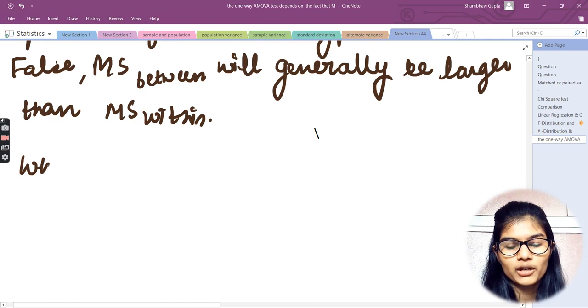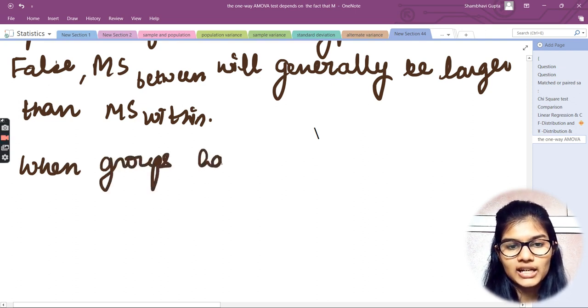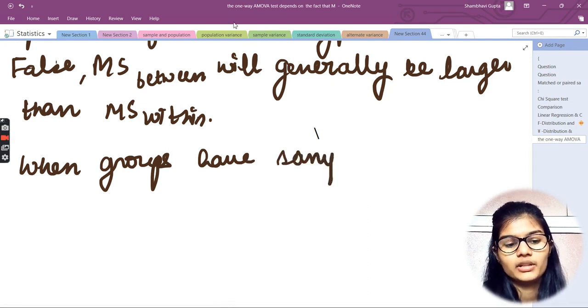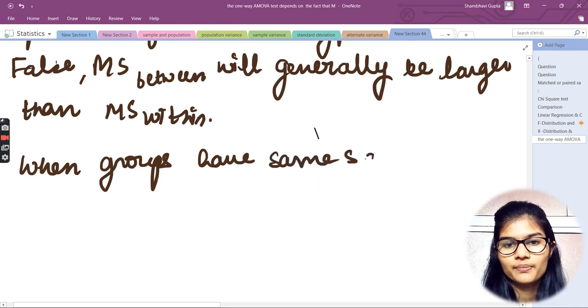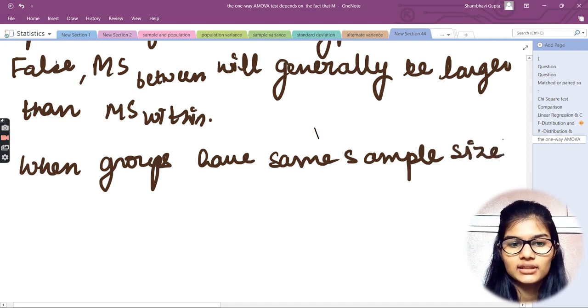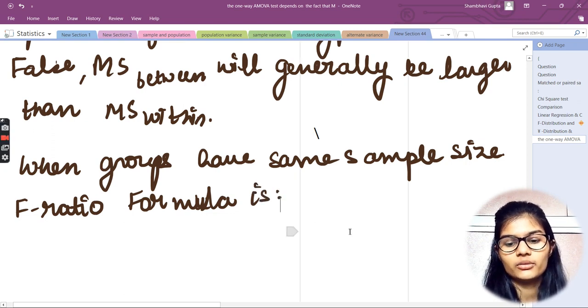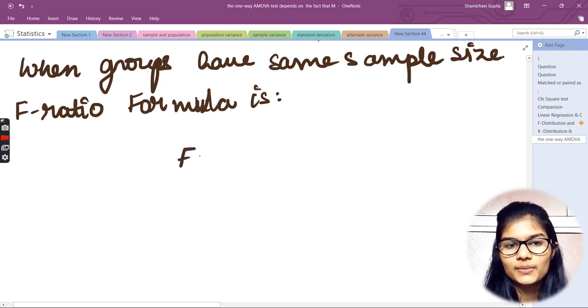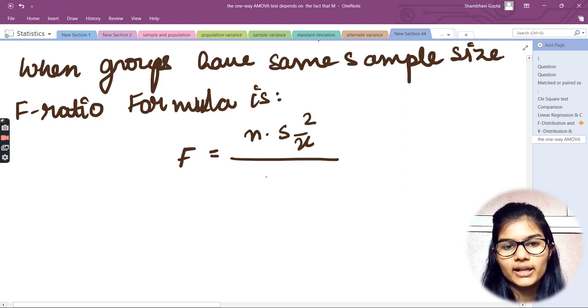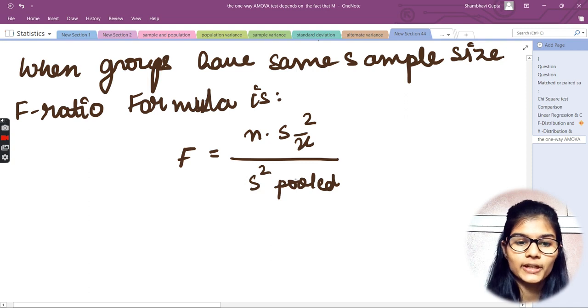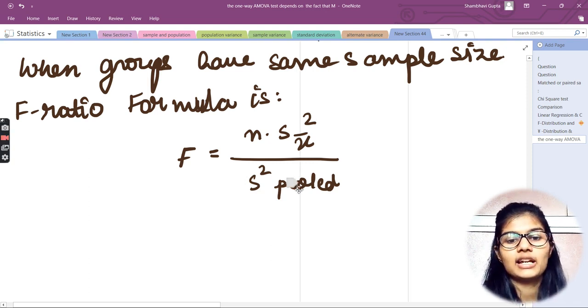I would mention that when groups have the same sample size, the F ratio formula is: capital F is equal to N into Sx bar squared, divided by S squared pooled. This is the formula which we follow when the groups have the same sample size.